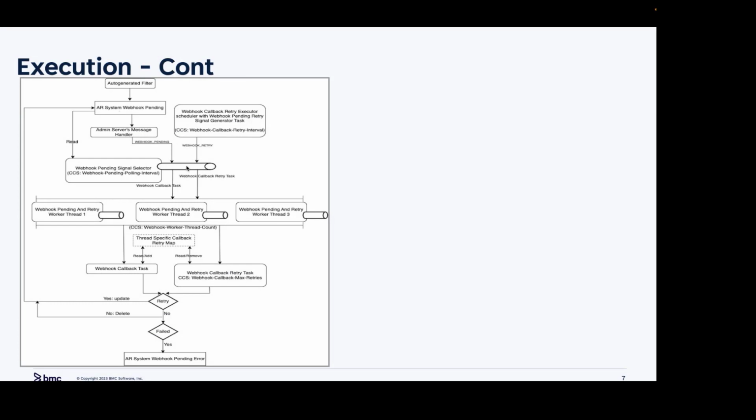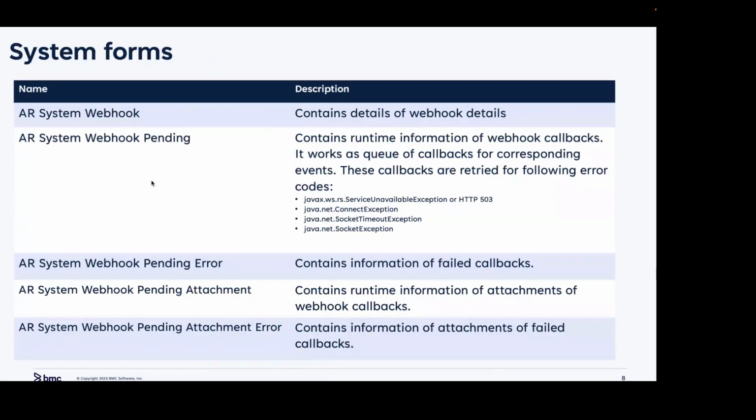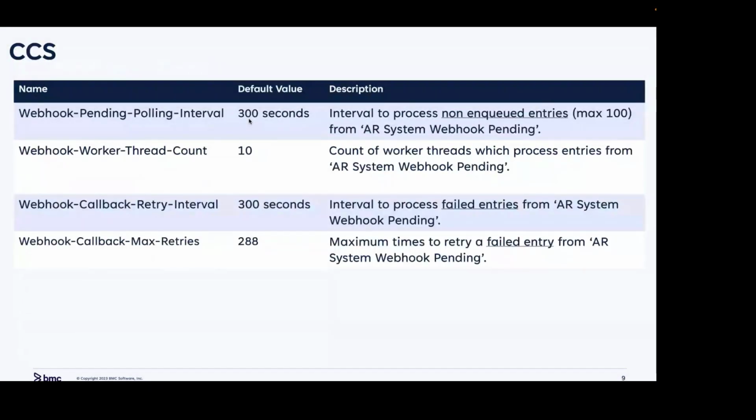Even though you don't receive the message, it will go and read every time. It only reads 100, 100 and 100, and keeps them in the queue. So if you decrease this value, it increases the frequency, and it processes 100 records each time, so your throughput will be increased if you see more entries in the pending form.